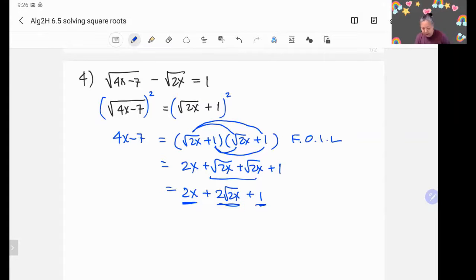But it's totally fine if you don't want to risk making any mistakes, then go with FOIL.